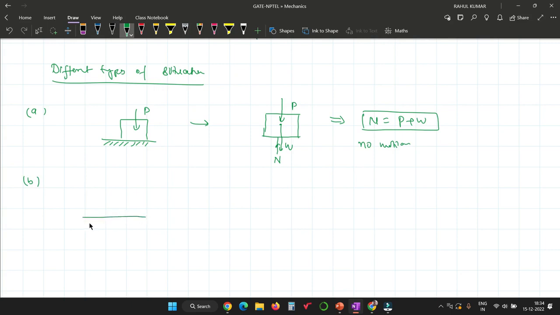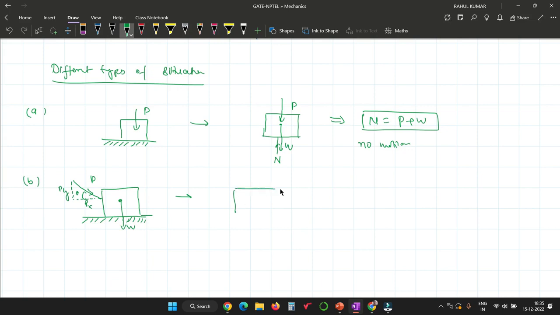Suppose there is a block, and now you are applying an external force in this direction, and the block has some weight W. Suppose you are applying the external force at some angle, theta. If you resolve this external force into two components, this will be Px and this will be Py.